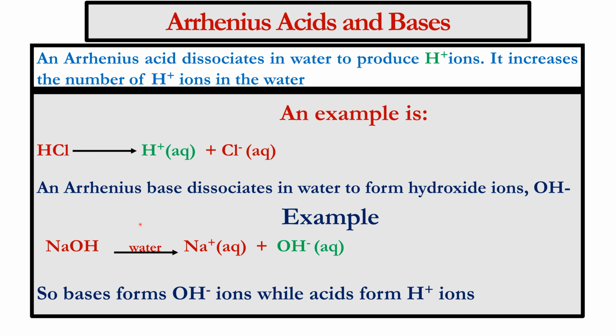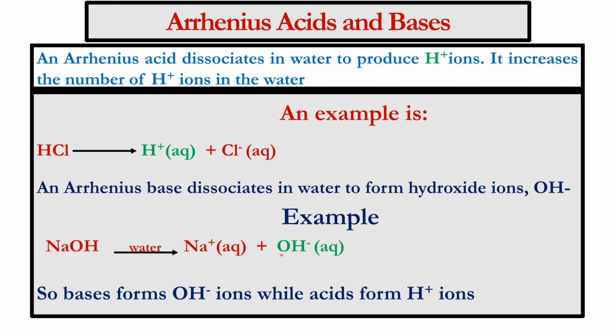What is an Arrhenius base? An Arrhenius base dissociates in water to form hydroxide ions. So hydroxide ions are OH ions. An example of Arrhenius base is sodium hydroxide. When it dissociates in water, it will form hydroxide ion.